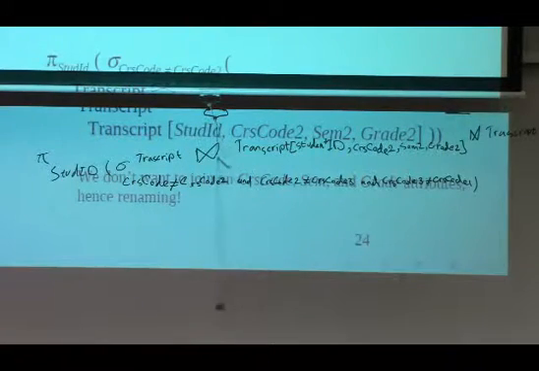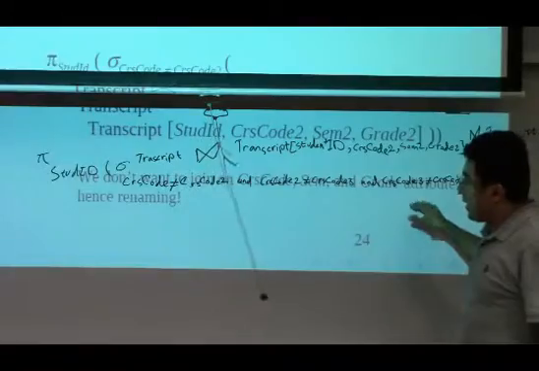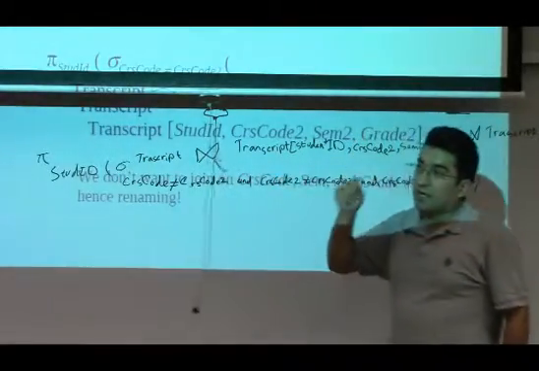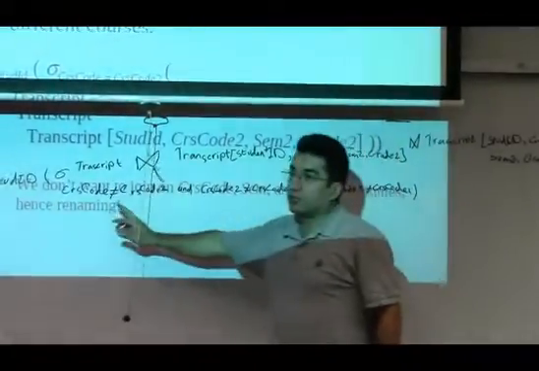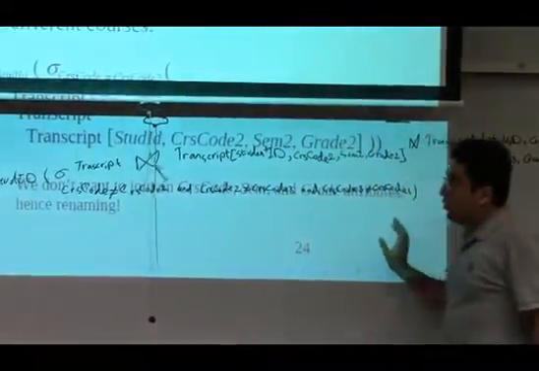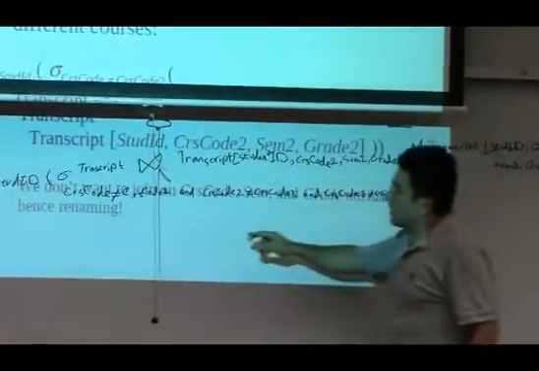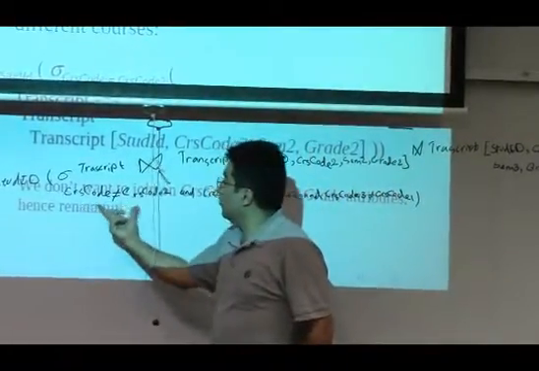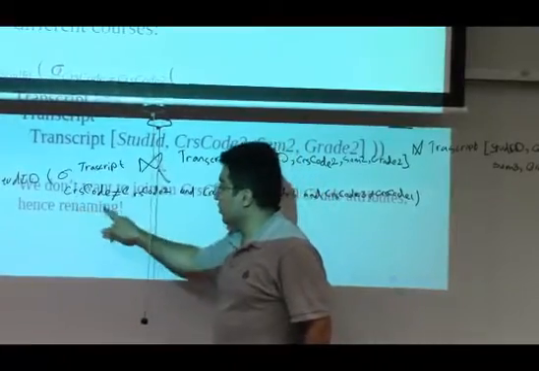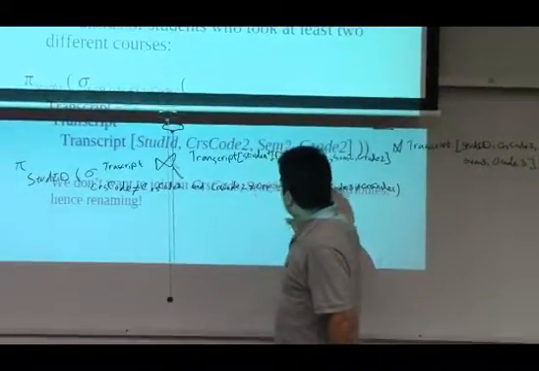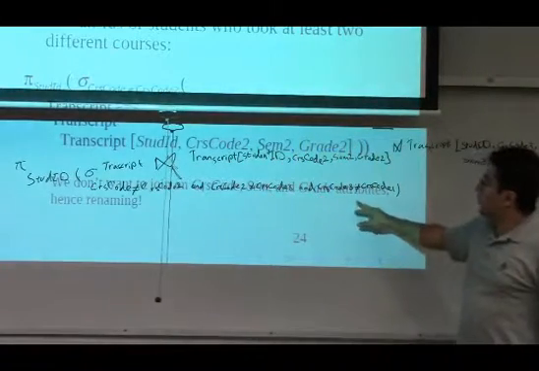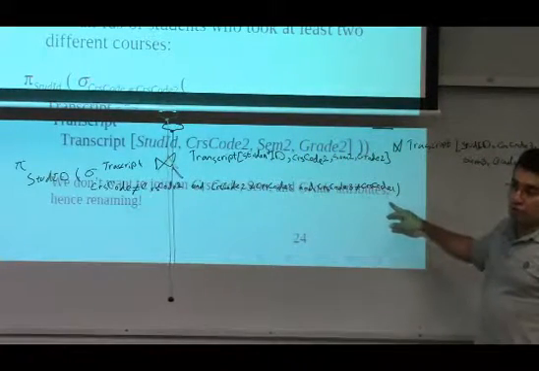It's a natural join. But the rows will be different. If the student is taking 3 different courses, there will be at least a row for that student with 3 completely different course codes. So this expression: course code 1 is not equal to course code 2, and course code 2 is not equal to course code 3, and course code 3 is not equal to course code 1.